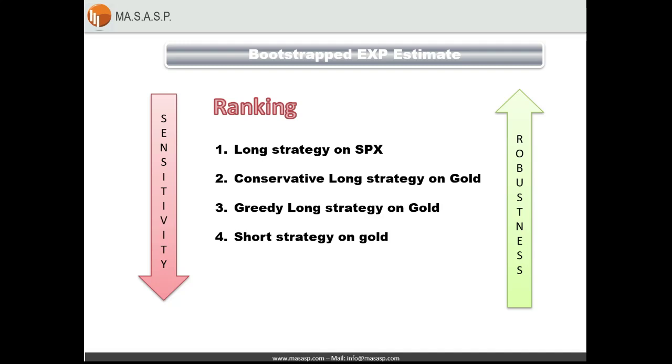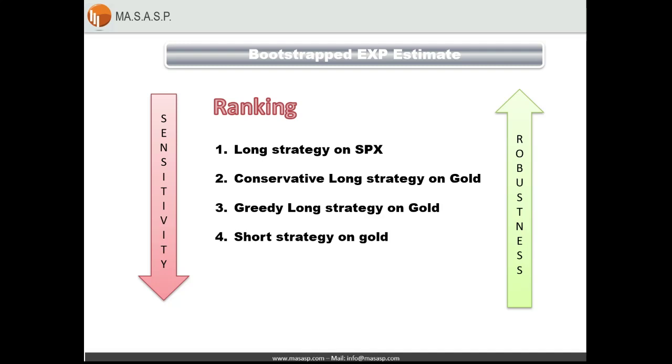Besides, the conservative long strategy on gold comes second in this ranking, but it ranks first in terms of point estimate of expectancy. It attains a 70 basis points return per trade on average, and that is a reliable out-of-sample estimate.